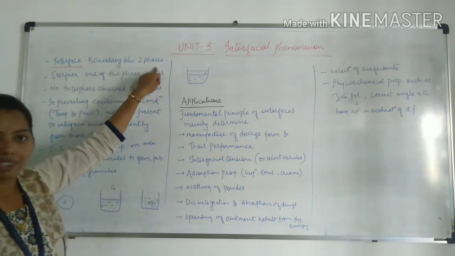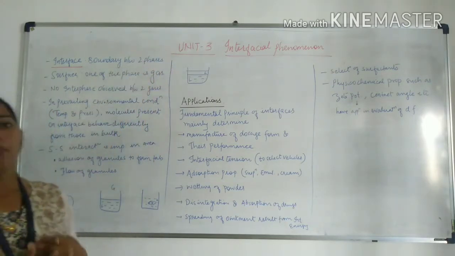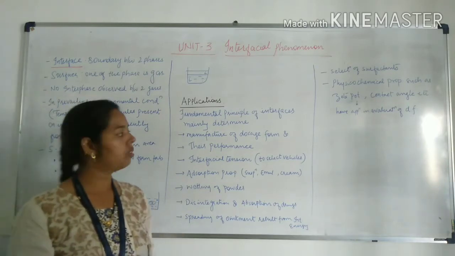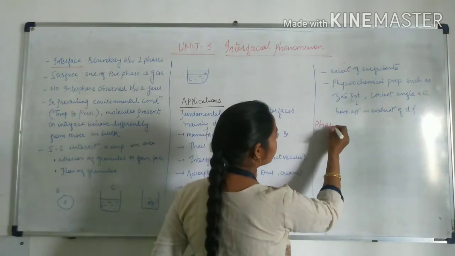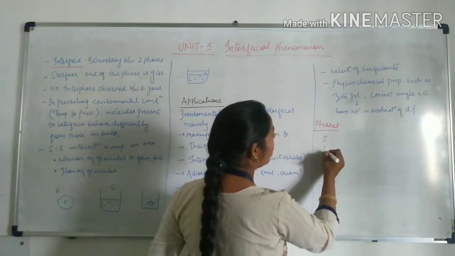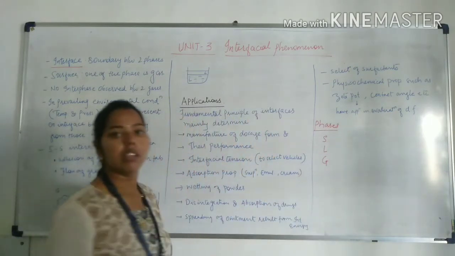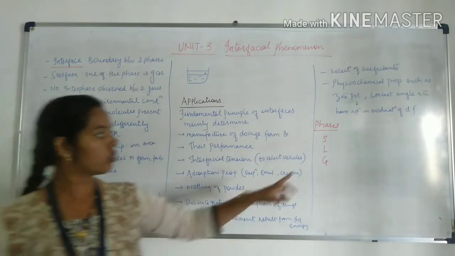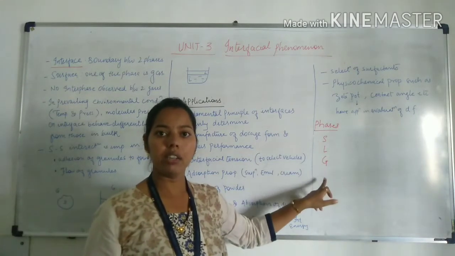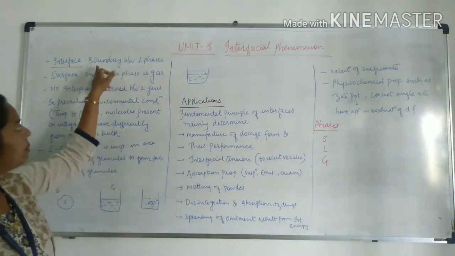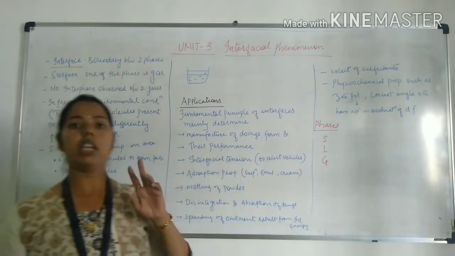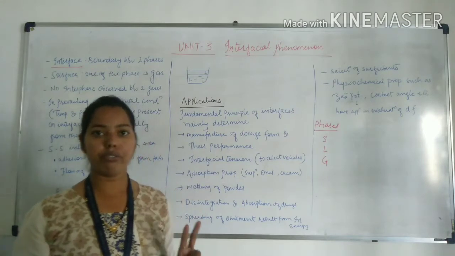What are phases? In the previous unit you learned about the phases: solid, liquid and gas. There are three phases: solid, liquid and gas. So interface means the boundary in between any two of the phases.